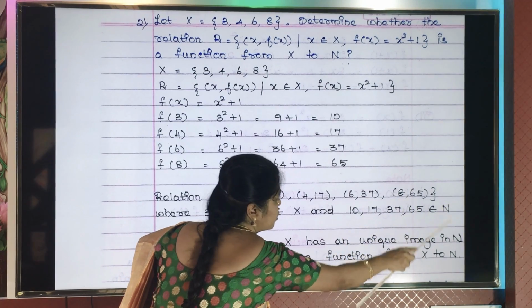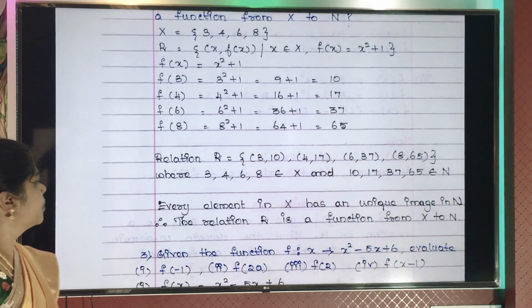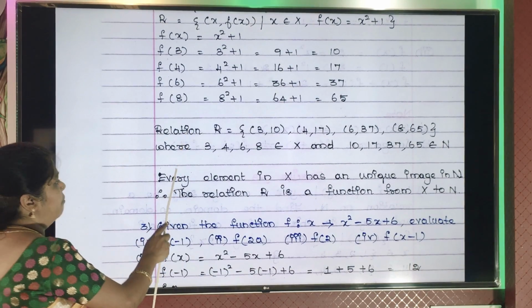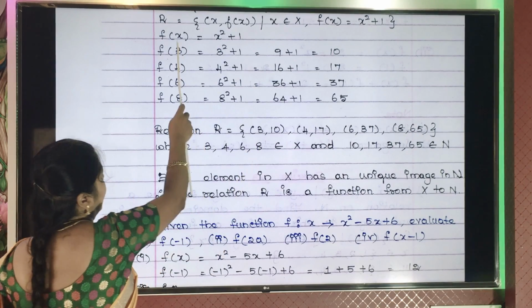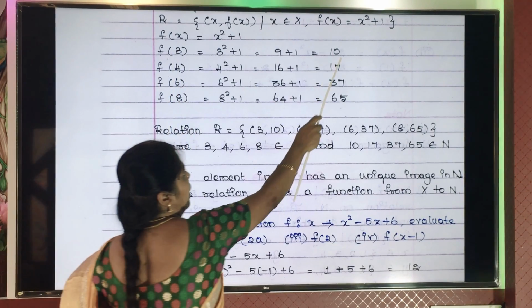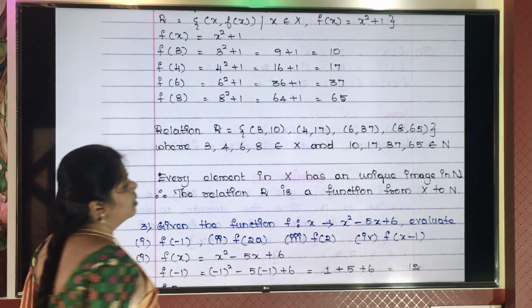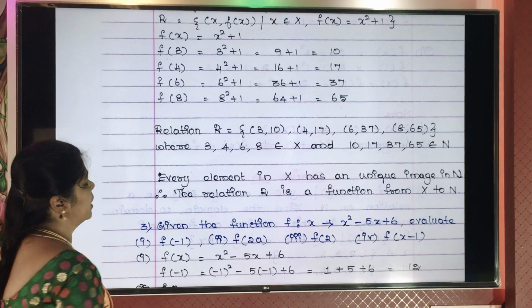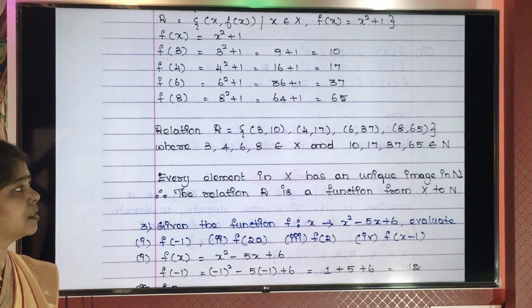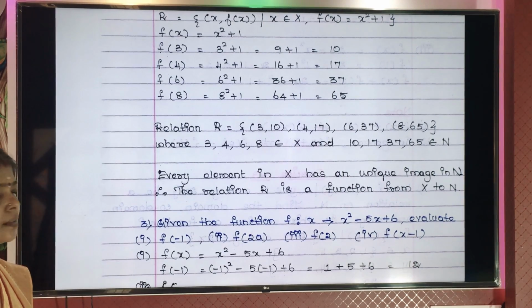These all belong to the natural numbers. So, because every element in X has a unique image in the natural number set, therefore the relation is a function. This is how the second sum is dealt.